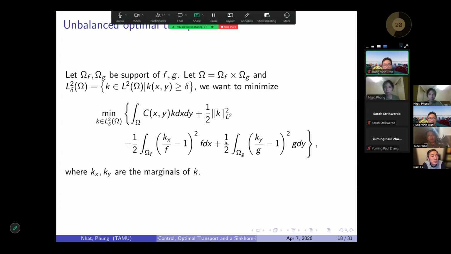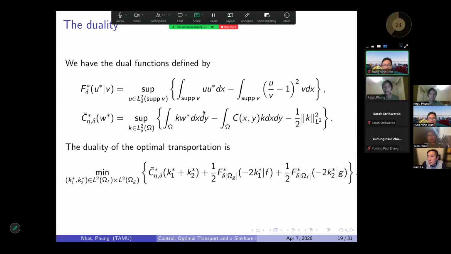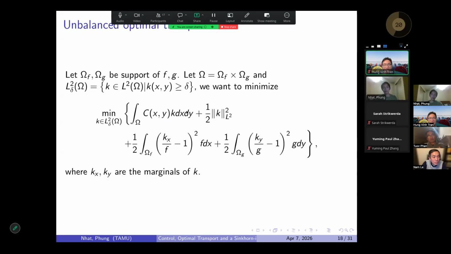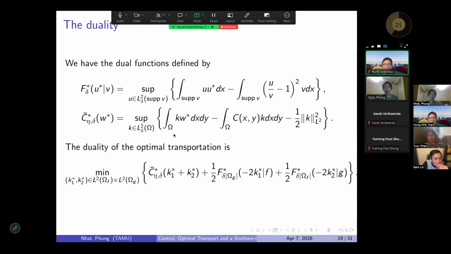We do need this lower bound, but we can choose it as a positive number, which is very small. And then based on this formulation of the minimization problem, of course this is a little bit technical when we try to derive the dual function, but we will derive the dual function, and then when we combine them together, we have a dual minimization problem.